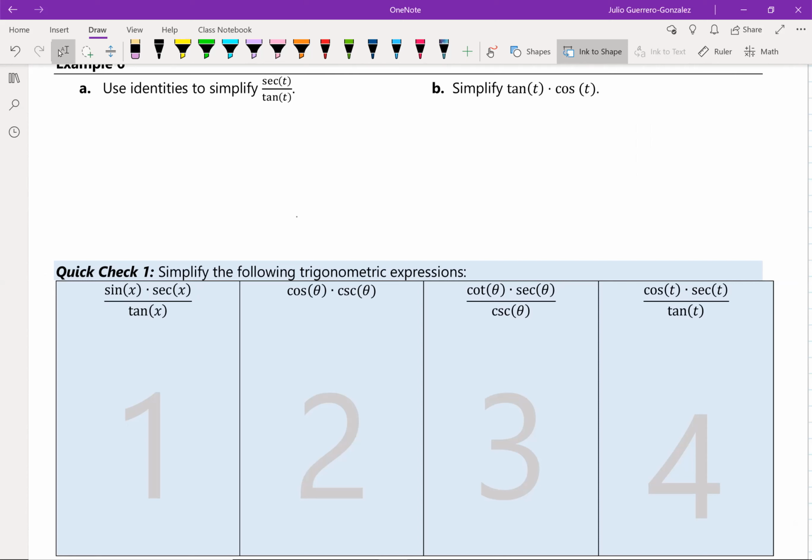More often than not, there are going to be things that you need to reduce because they're going to need angles. And we're going to start with those now.